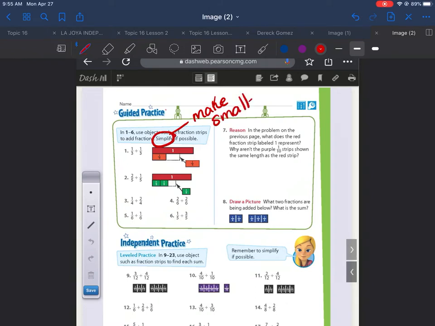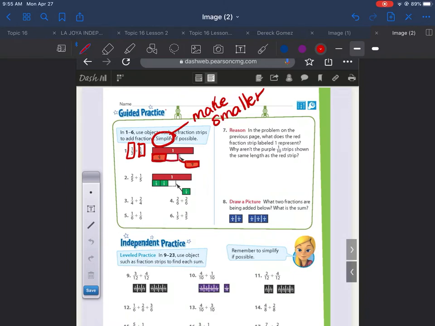Simplify means to make smaller. So we're going to start with number 1. 1/3 plus 1/3. They want me to use the fraction strips. If you notice, 1/3 is the piece that is already on the fraction strip.